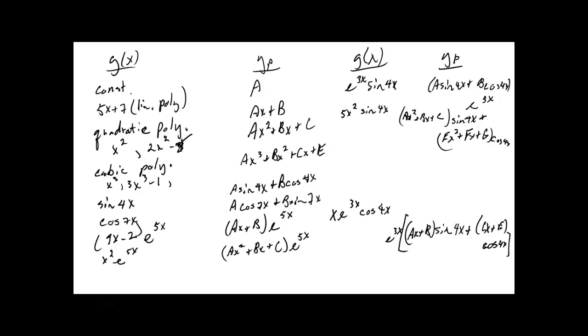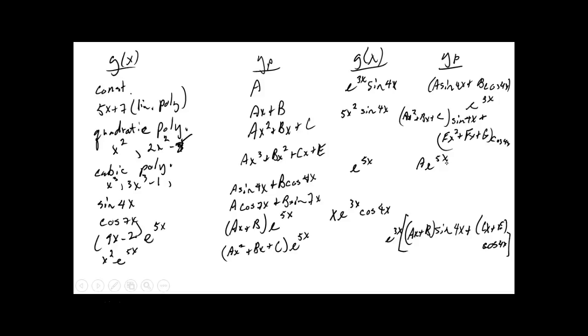Yes, they did. I missed it. I did miss it. I left it out. Sorry about that. It's their number 7, right after cosine 4x. I should have put this one. I'll put it over here. E to the 5x, or whatever they want to use there. That would be a e to the 5x. Okay, I left that one off.